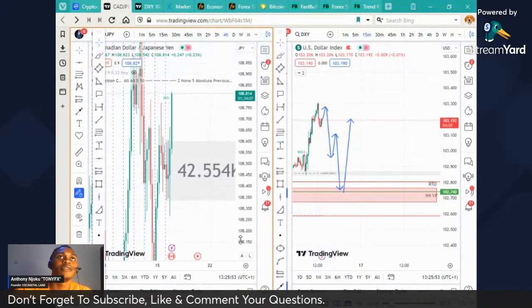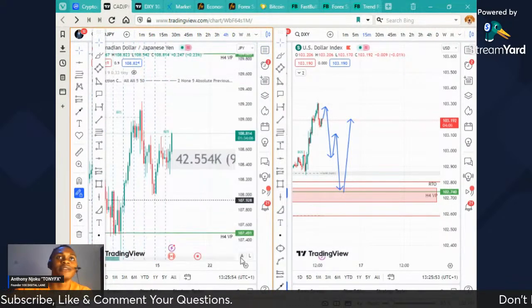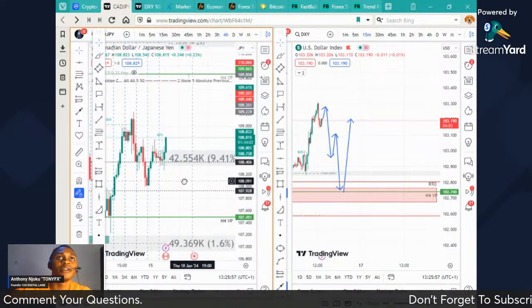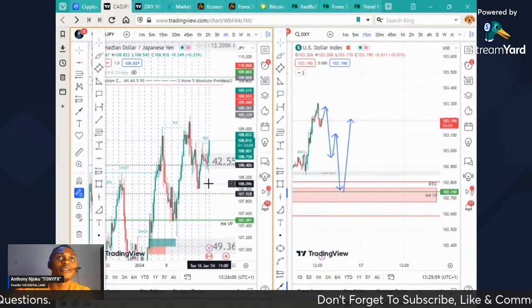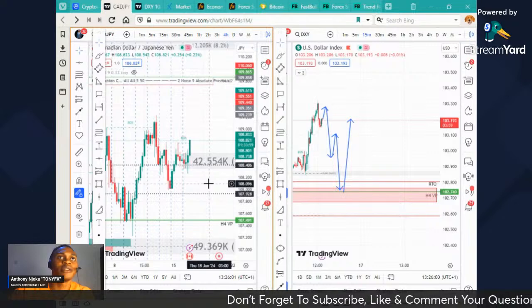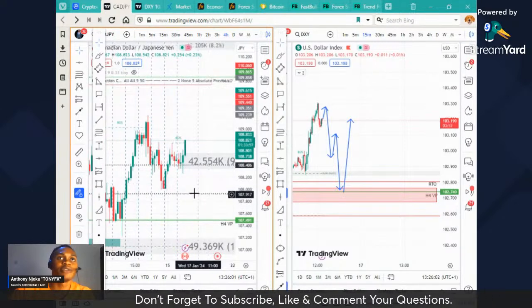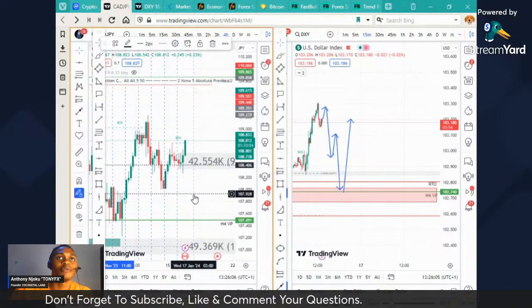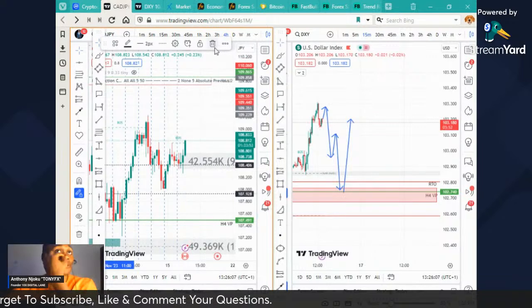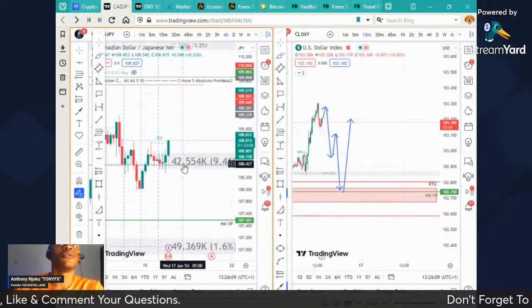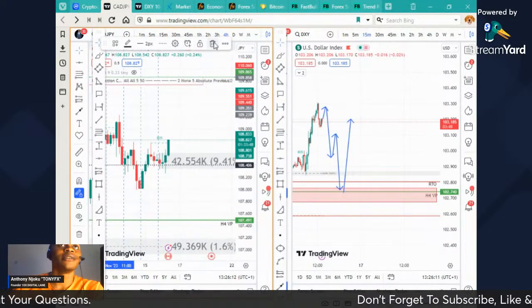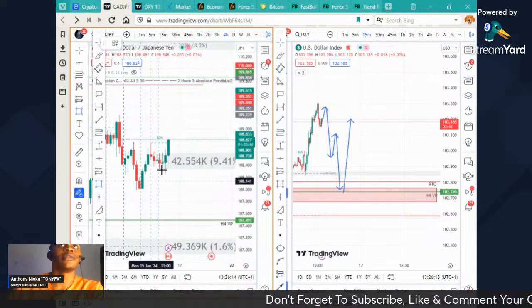Let's see what CADJPY is saying. CADJPY is looking a bit similar, but in the opposite direction. CAD is strong against JPY, and there's a break of structure to the upside for CAD. Okay, let's see.